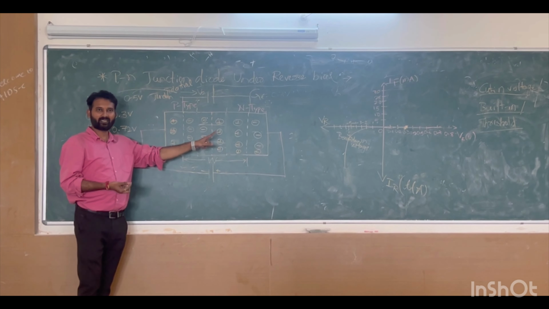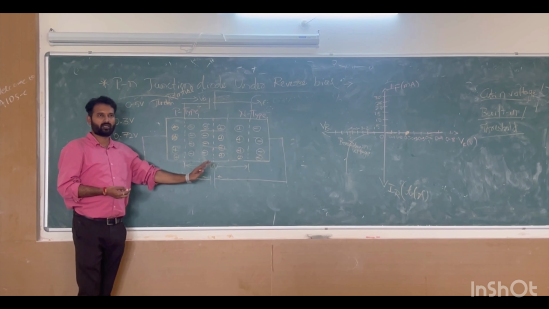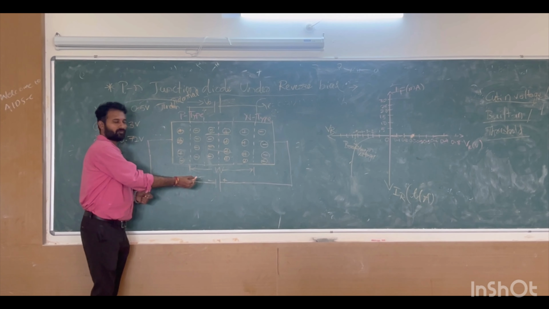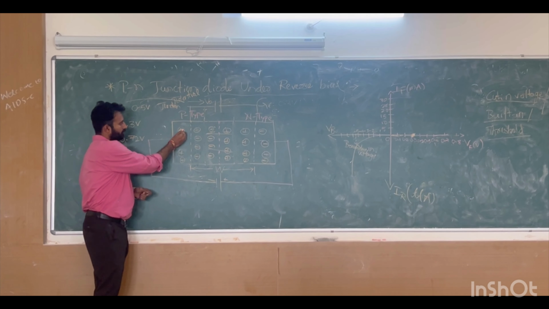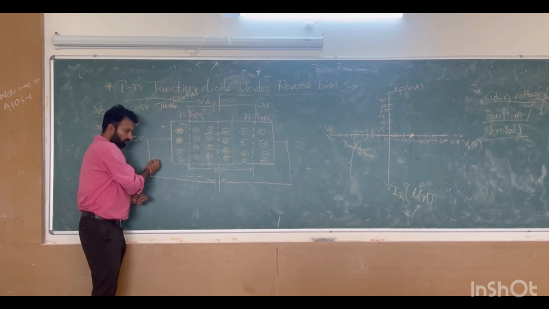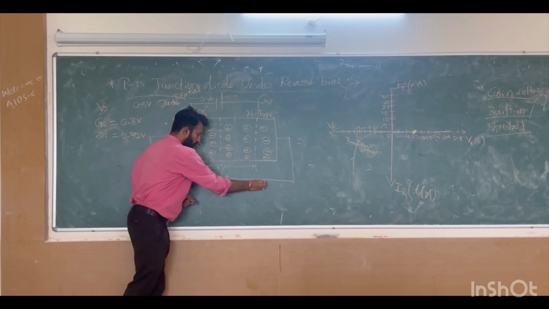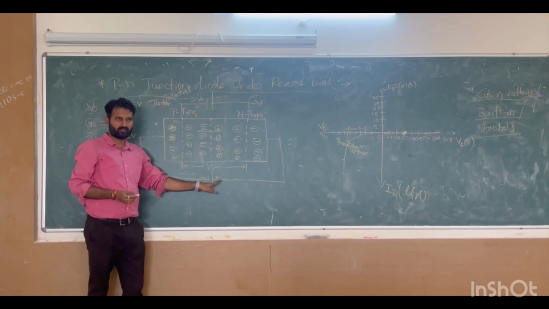Holes. What are the majority carriers in N type? Electrons. Now focus here. Because of the external battery, the holes are moving towards the negative terminal and electrons are moving towards the positive potential.